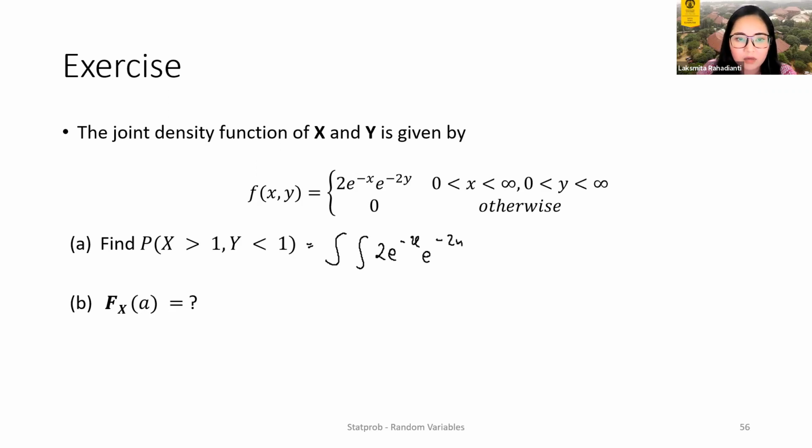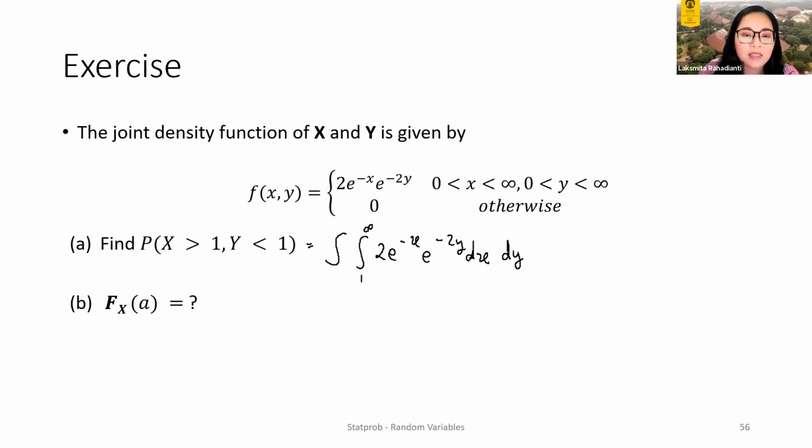It's e to the minus something, 2y dx. So for the limits of X, I want to compute X larger than 1. So that means my bottom limit is 1. What about my upper limit? I don't have one here, so infinity. Okay, now I'm going to integrate it against Y, my outer integral.